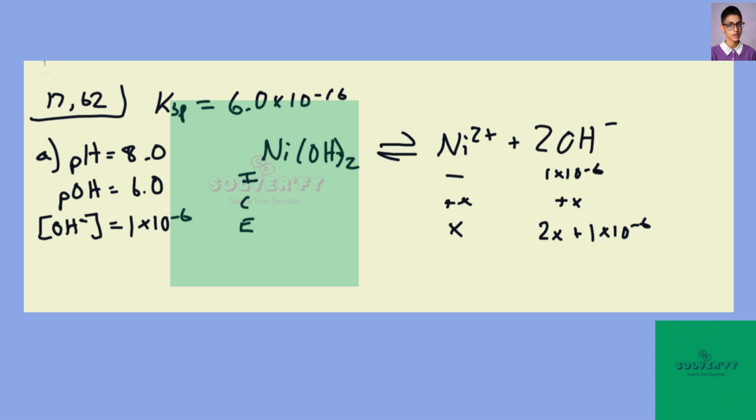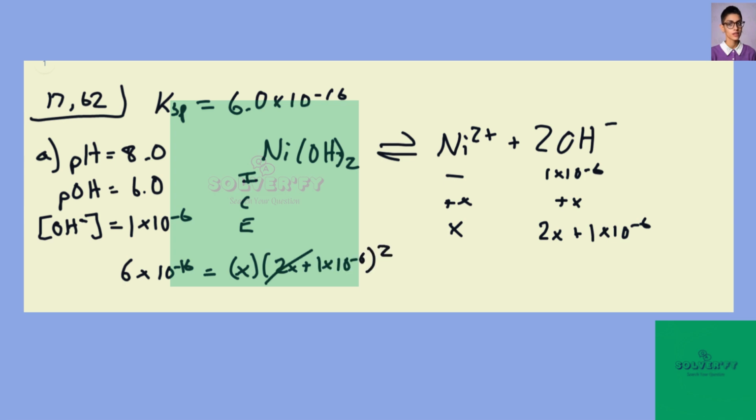So we set the KSP 6 times 10 to the minus 16 equal to x times 2x plus 1 times 10 to the minus 6 squared.